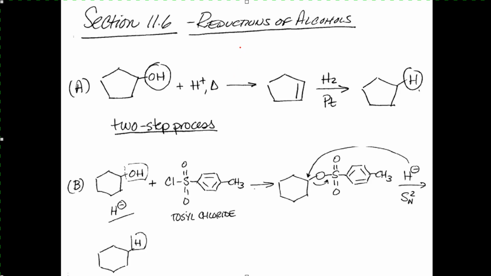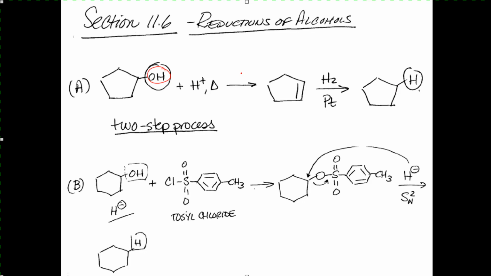You can also basically use tosylate esters to do reductions of alcohols. Now, reduction again means loss of oxygen, gain of hydrogen. So if I wanted to remove this OH group and turn this cyclopentanol into cyclopentane, how would I do it?